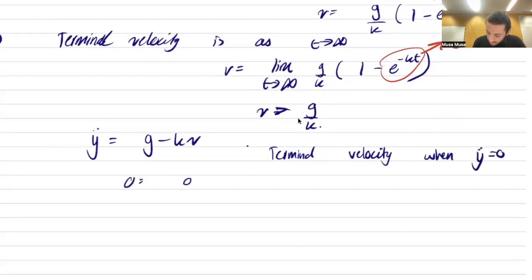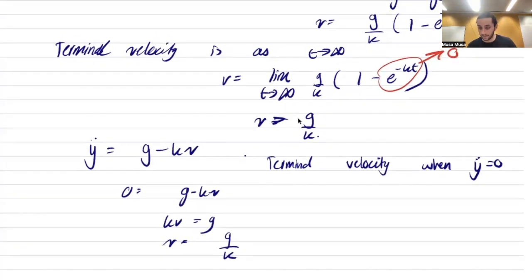So just setting this to equal 0, we get kv equals g, which means v equals g on k. And that's the same thing. So it works both ways. Unfortunately, we can't always use the second method because sometimes our second derivative is not written in terms of velocity. It might be written in terms of some other rubbish.